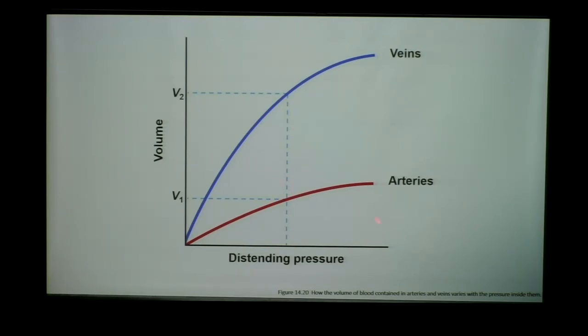So this is comparing the compliance of arteries and veins. And you can compare this to those stretchy sweatpants that I was talking about. So arteries are like a brand new pair of sweatpants, right? You're gonna put them on, they're gonna exert more pressure, accommodate less volume, whereas veins are like a really old, worn out pair of sweatpants. They're gonna be able to stretch really well, accommodate more volume without giving more pressure.